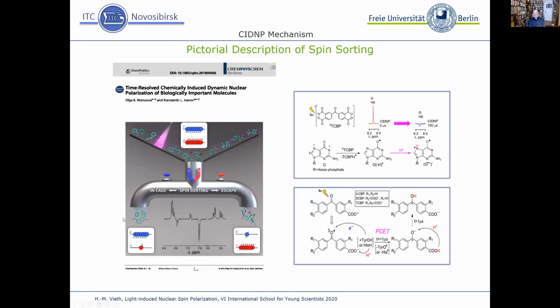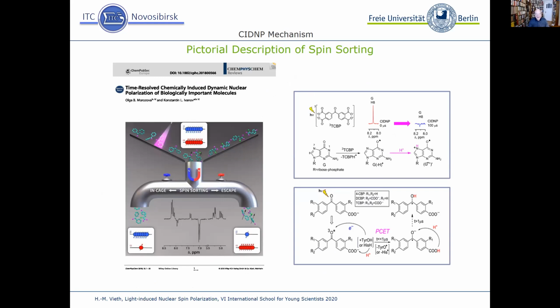So this is shown here in a recent publication by Olga Morozova and Konstantin Ivanov from the ITC in Novosibirsk. Here it's shown in a pictorial way. You fill in your quencher and dye molecules, you shine in light.